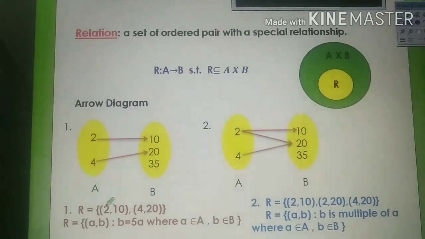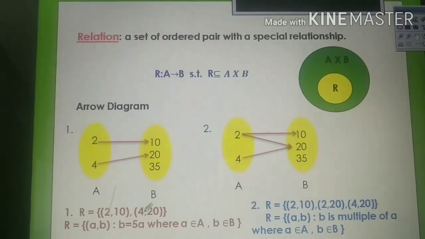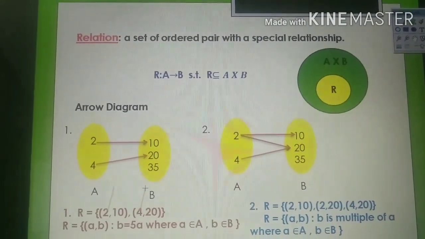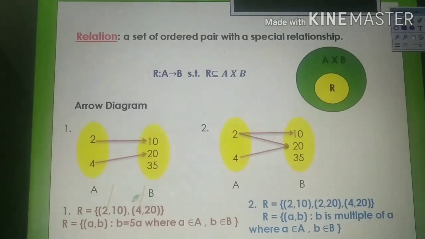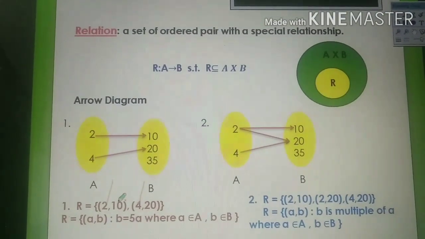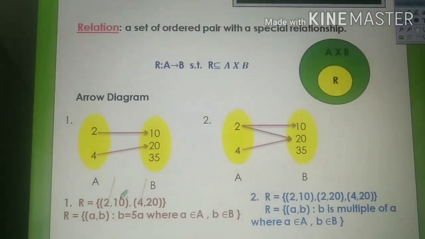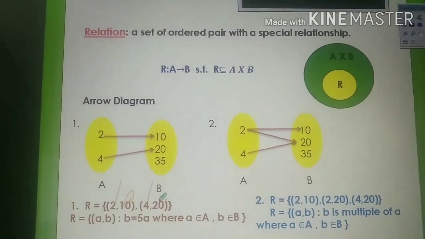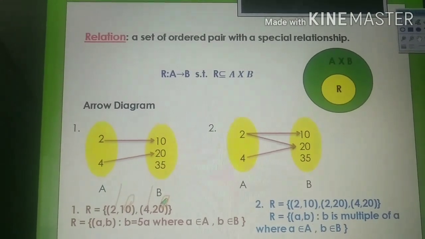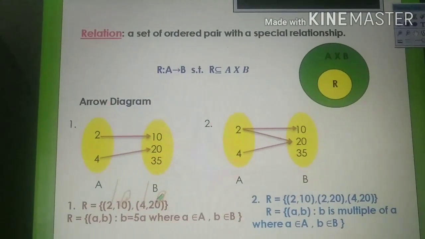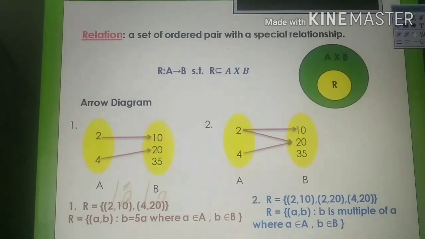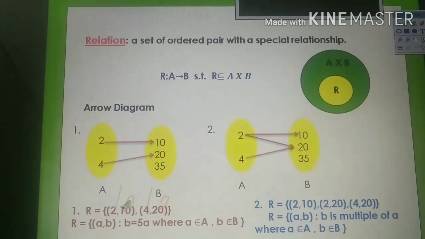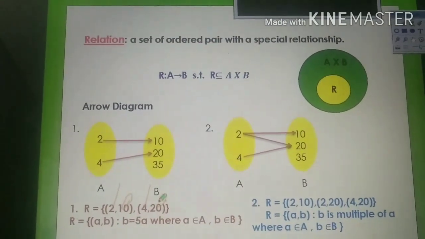These elements 2, 4 form the domain of the relation, and these elements 10, 20 form the range of a relation. So the domain is 2, 4 and the range is 10, 20.